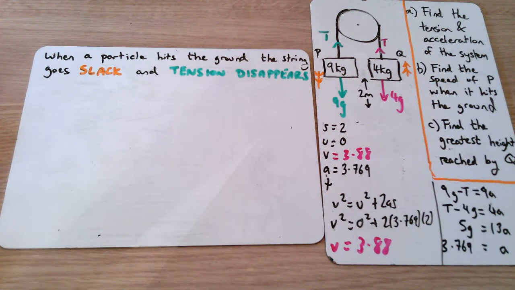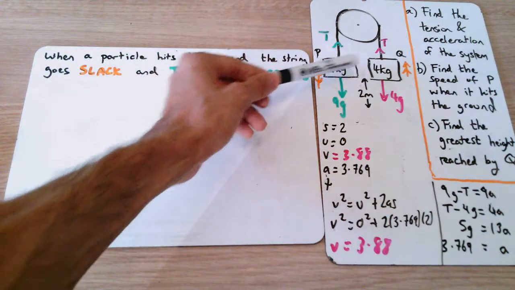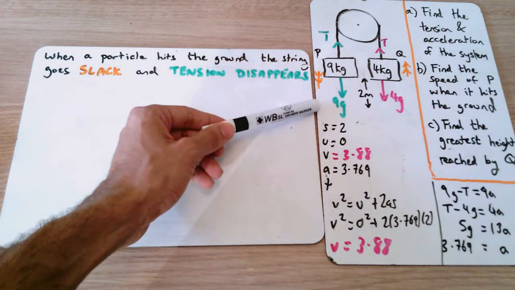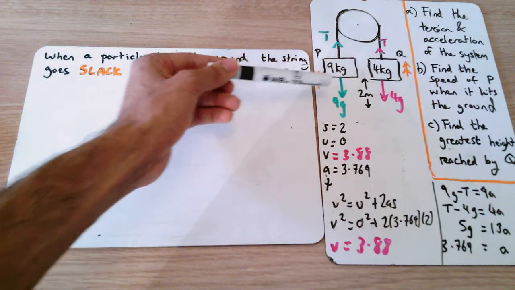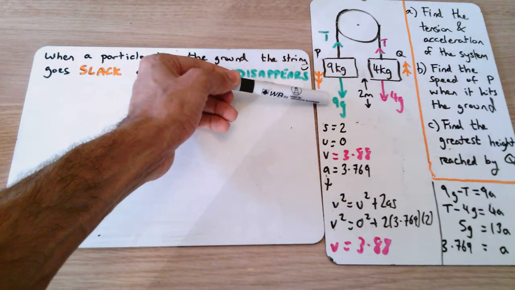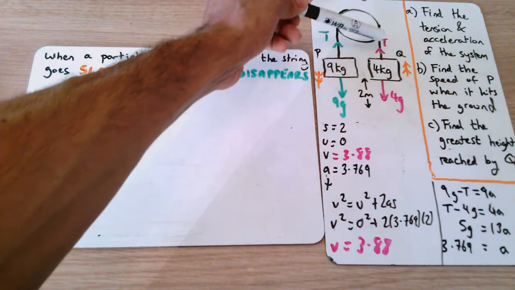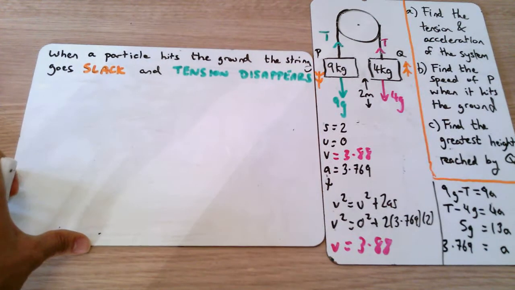Now, what most people think is, okay, this tension disappears, the particle Q is going to have no more speed associated to it. We've got to remember that the speed of both P and Q has increased over the period that it's been moving. For those 2 meters, this stopped at a velocity of 3.88 down here, and this would have moved up to a speed of 3.88 over here.